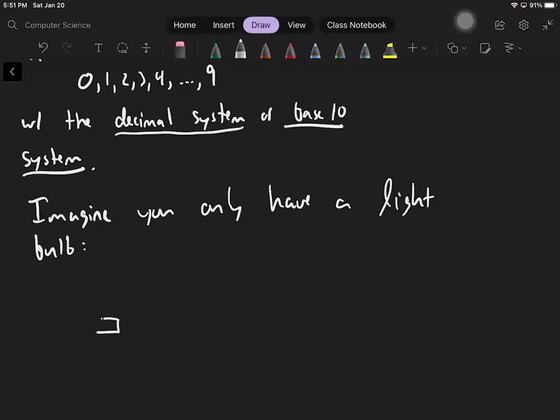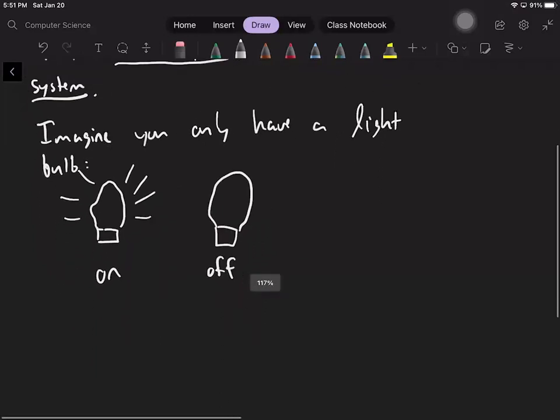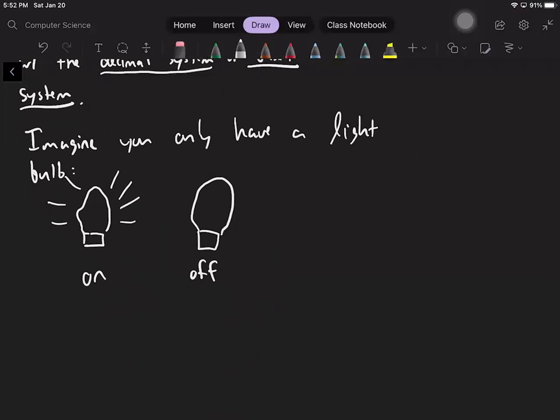I don't know why I committed to drawing a light bulb. I don't know how to draw a light bulb, but basically it could be on, or it can be off. So you could say, well, maybe off, that'll be 0, and then on, that'll be 1.